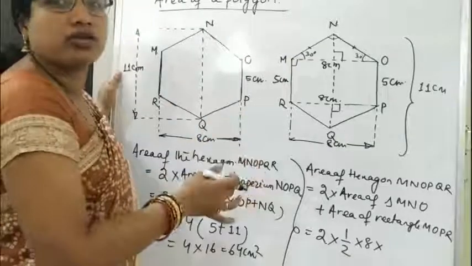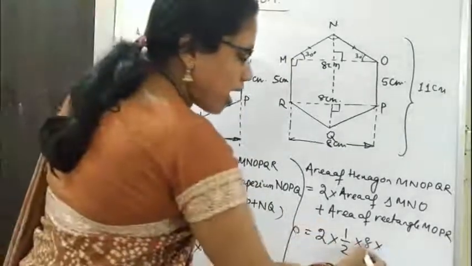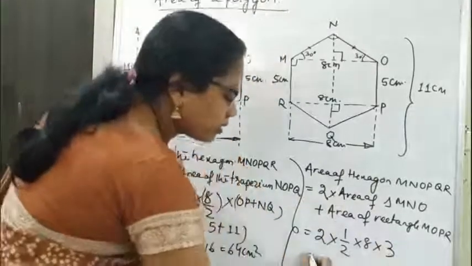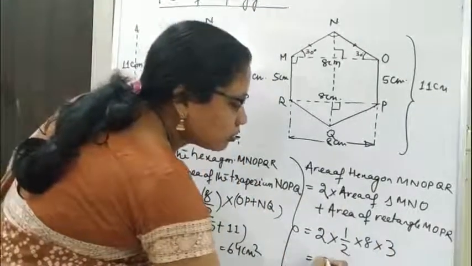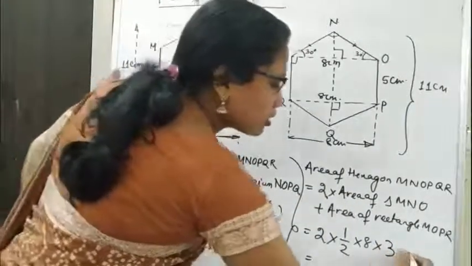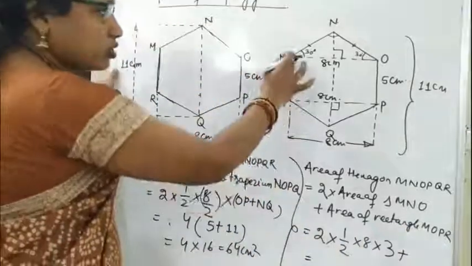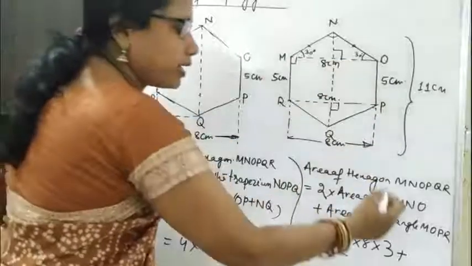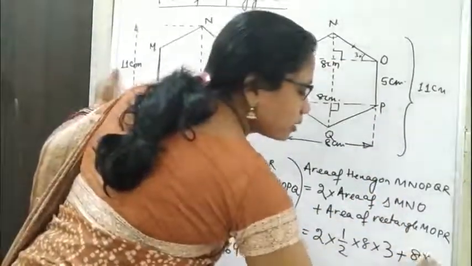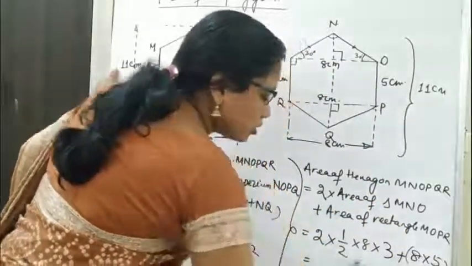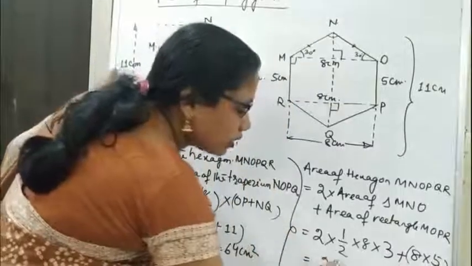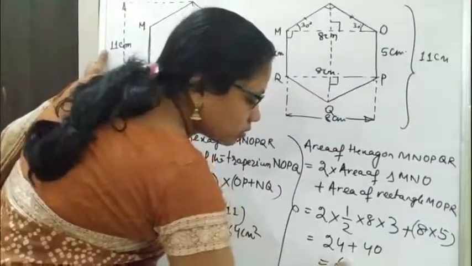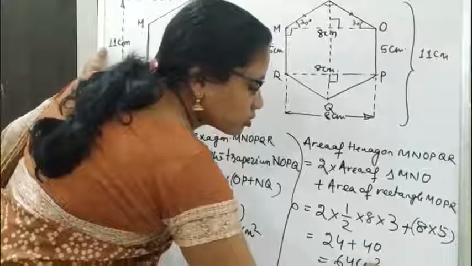So half into 8 into 3, plus the area of the rectangle, length into breadth, 8 multiplied with 5. This is 24 plus 40, equal to 64 centimeter square.